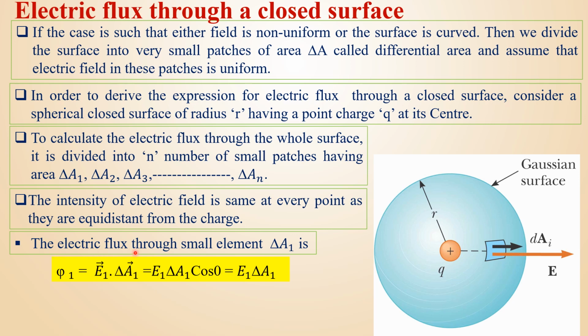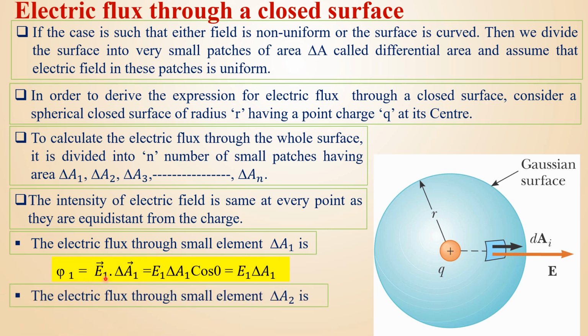The electric flux through a small element delta A1, phi 1, is equal to E1 delta A1 cos theta, and the angle between E and delta A1 is 0 degrees. So we put theta equals 0 and get E1 delta A1 cos 0, where cos 0 is equal to 1. So we get phi 1 equals E1 delta A1, which is the flux through small element delta A1.